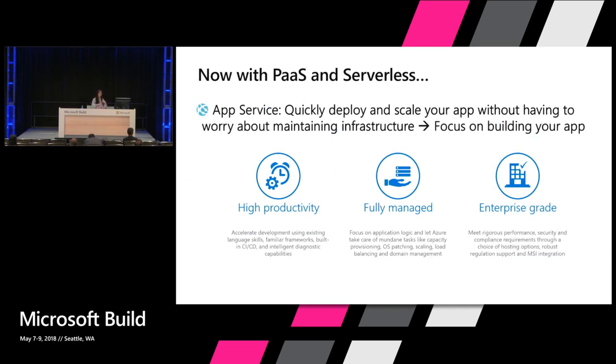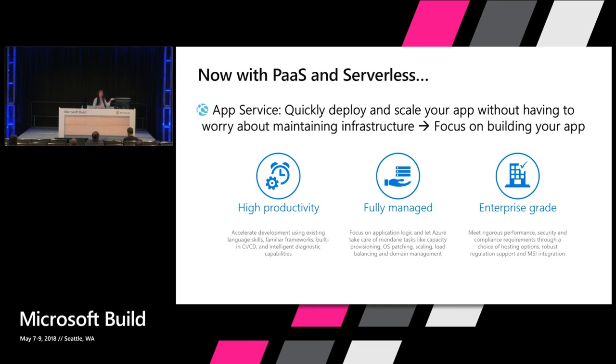So with PaaS and serverless, things become much more simple. Specifically, I'm going to be talking about Azure App Service today. This is basically the quickest and easiest way to deploy and scale your app on the Azure cloud without having to worry about maintaining the infrastructure. That means you and your team can be more highly productive because you can focus on building your app and not having to manage the VMs and those questions that we looked at in the previous slide.